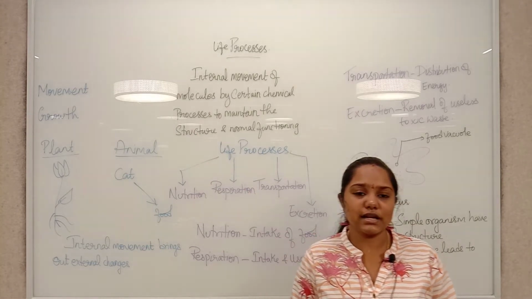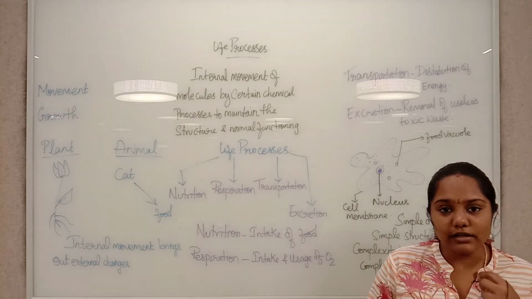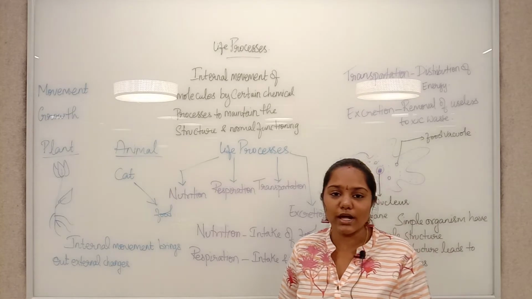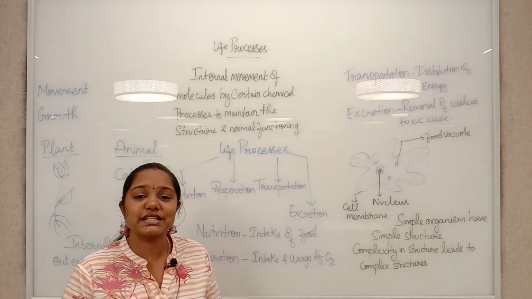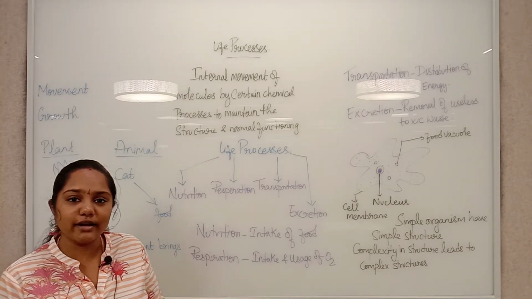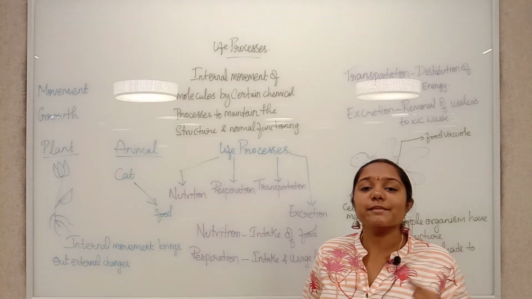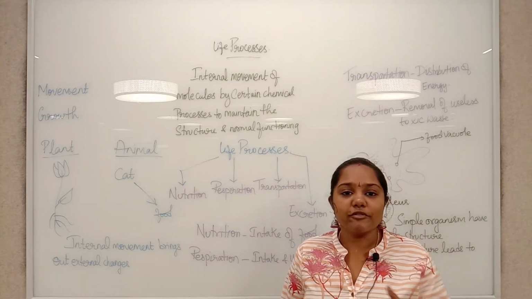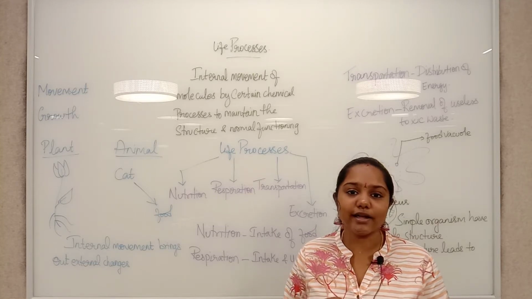For you to understand even better, in grade 9, you would have learnt chapter cell, where you would have been taught that all living organisms are made up of cells and tissues. In turn, these cells and tissues are made up of very tiny molecules which keep on moving or performing some activity to keep the cells and tissues alive.